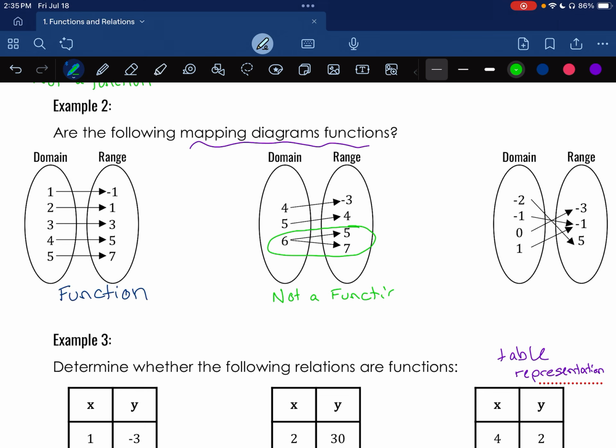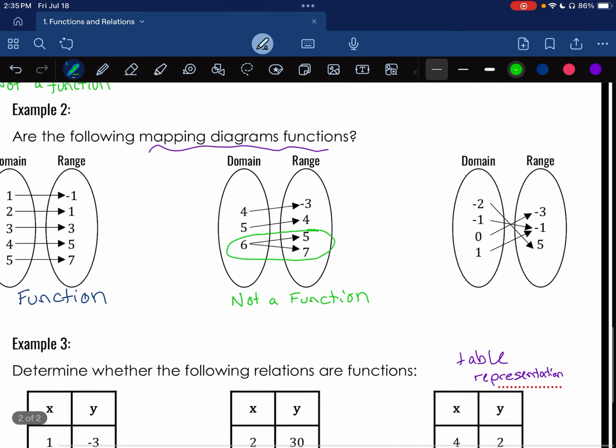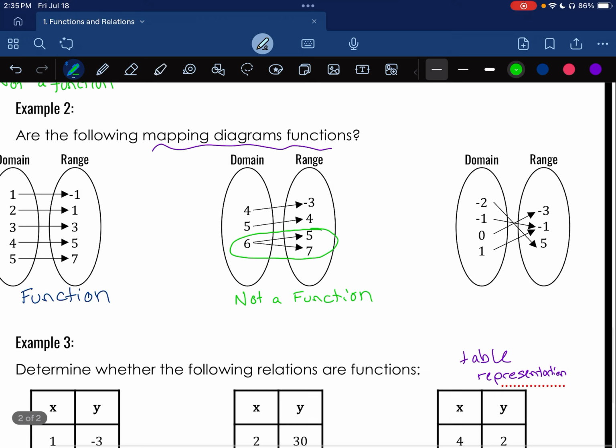All right, and last but not least here, let's look. We've got 2 going to 5, and 5 only, 1 going to -1, 0 going to -3, and then we have 1 going to -1 again. So that's okay. It is okay for 2 different values in the domain to go to the same value in the range.